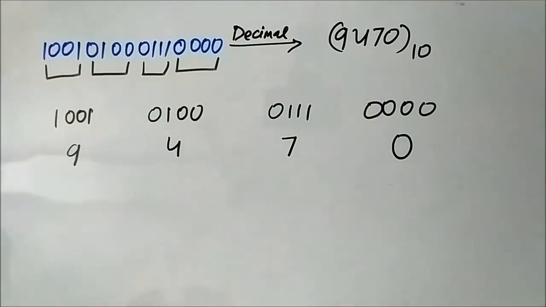So this is how we convert any given BCD code into its equivalent decimal form. All you have to do is the opposite of the decimal to BCD conversion.